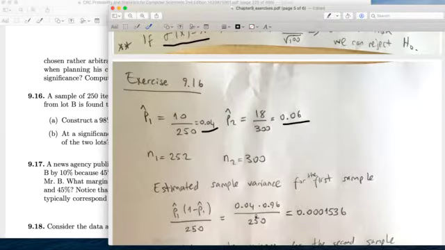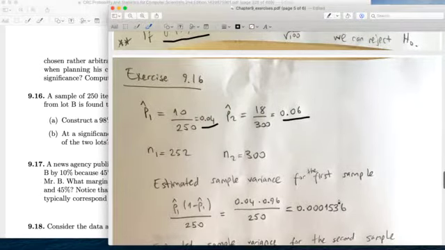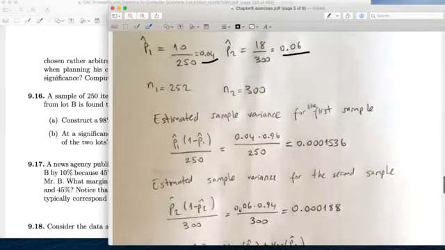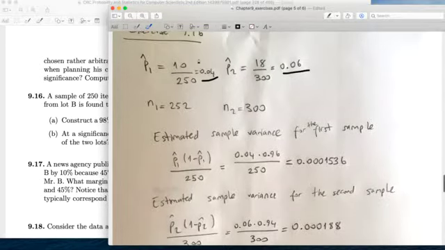So the standard error of the first estimate in our sample is the square root of this thing. That's my standard error for P1 hat. We do the same thing for the second one by using exactly the same formula with different sizes. So this is the error we could have in such an estimate of size 250, because if I have collected a different sample, P1 hat would be different, right?